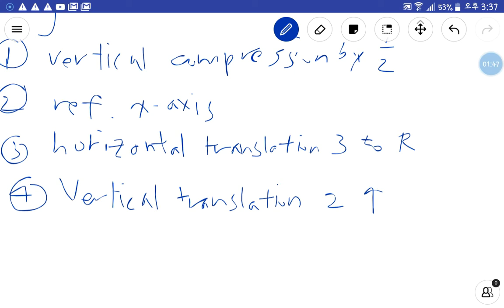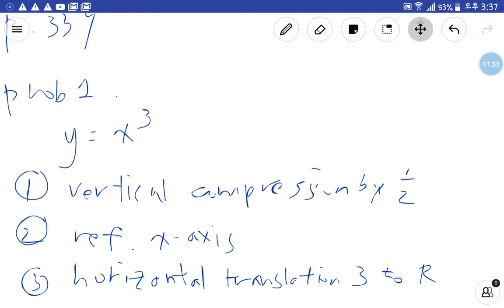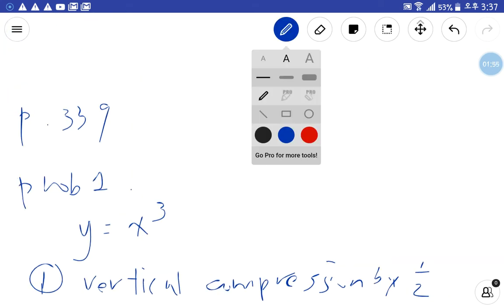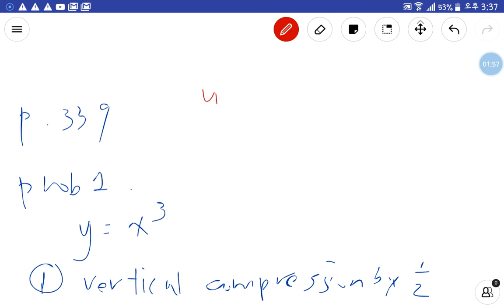Okay, so before we start problem 1, please look at the form in the middle of the page. You should know this form: y equals a f of x minus h plus k. This form contains all the transformations, which is about compression, translation and shifting.